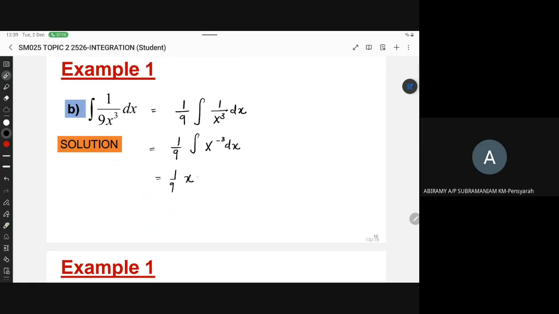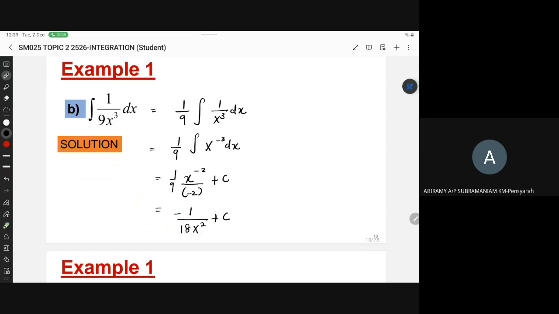We add 1 to the power, negative 3 plus 1, we get negative 2, divide by the new power, and do not forget to plus c. To simplify this answer, we will be getting negative 1 over 18 x to the power of 2 plus c.